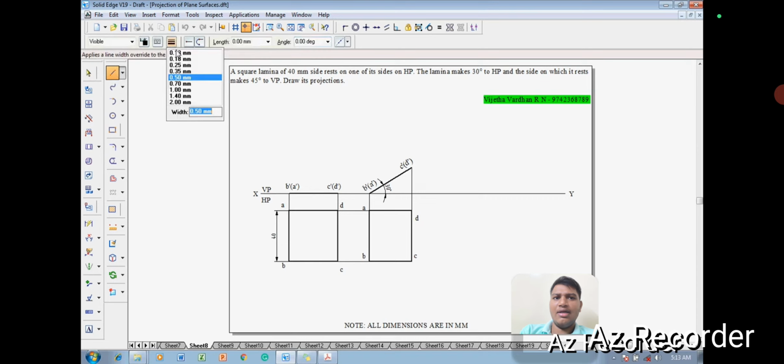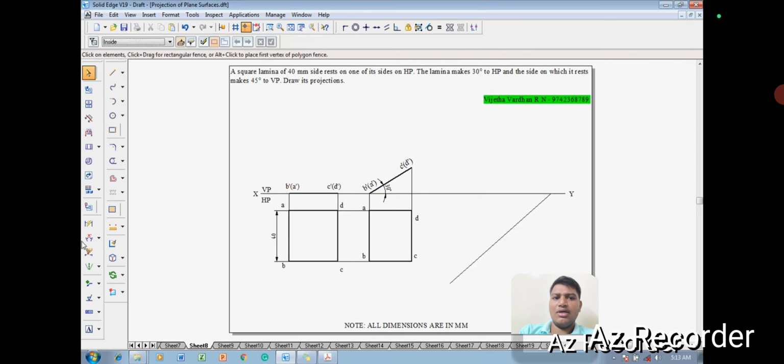I will take a line of 0.13 mm and draw a line from the XY line towards down to HP. Next, I'll measure the angle between them and enter 45 degrees. So I got a 45 degree line.